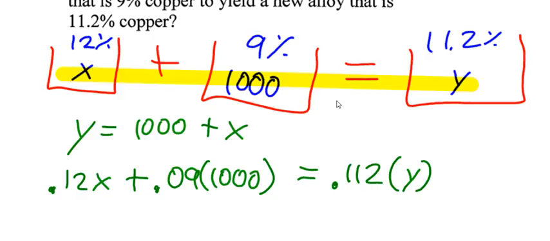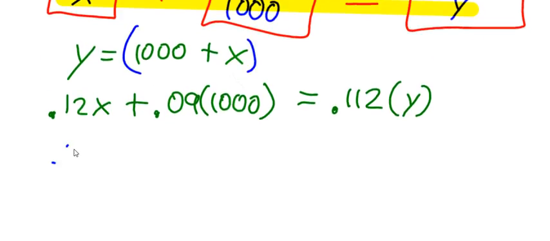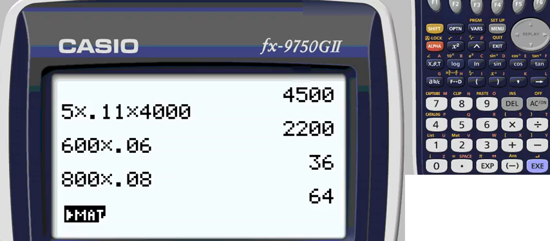So this is already set up for substitution, so just do substitution. Substitute the 1,000 plus X in for Y. So 0.12X plus 0.09 times 1,000.